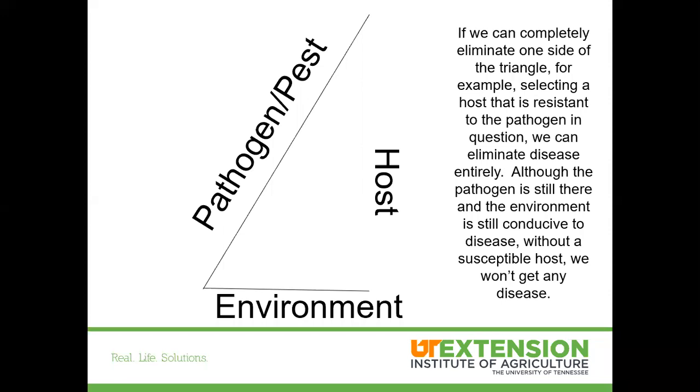Resistance means that plants can hold up better to a certain fungal pathogen and are less likely to get the disease, but it doesn't mean that they cannot get a disease. If the conditions are right, you have that host plant, you have the pathogen there, those three things working together can definitely cause a plant to have a disease, even if it's labeled as resistant.